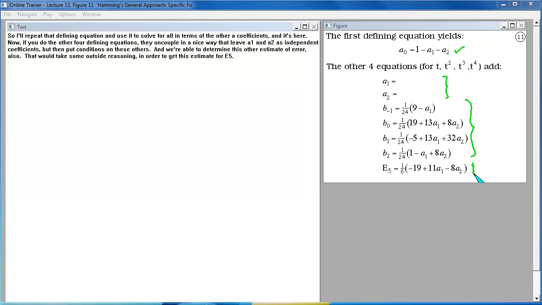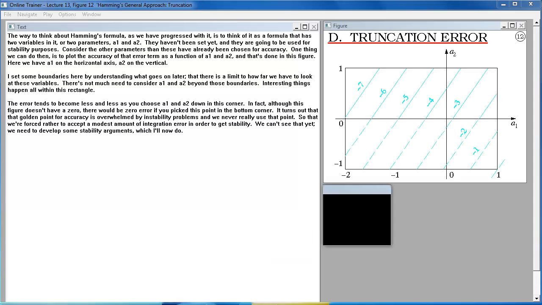That would take some outside reasoning in order to get this estimate for E5. The way to think about Hamming's formula as we've progressed with it is to think of it as a formula that has 2 variables in it, or 2 parameters, A1 and A2.